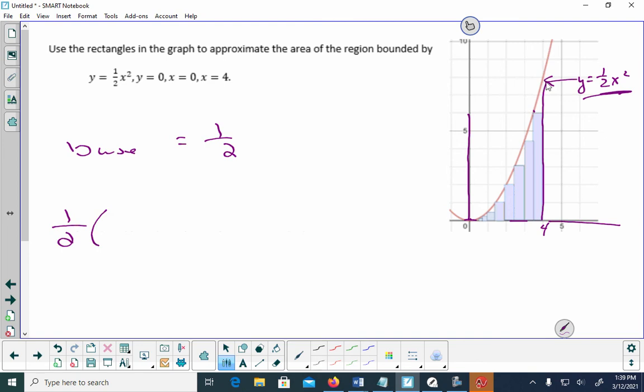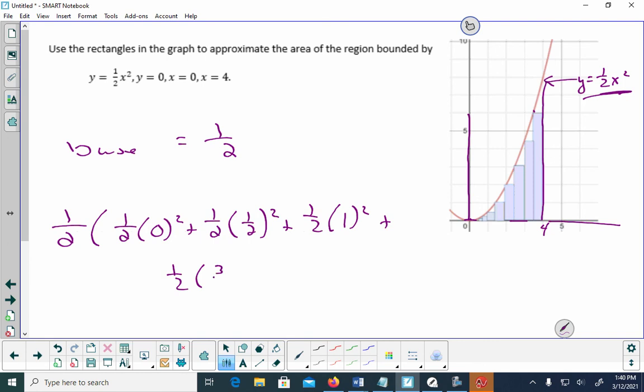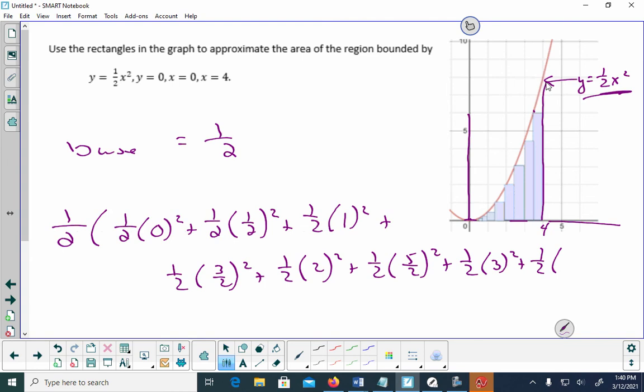And then I'm going to do 1/2 times 0 squared plus 1/2 times 1/2 squared plus 1/2 times 1 squared plus, looping down here, 1/2 times 3/2 squared plus 1/2 times 2 squared plus 1/2 times 5/2 squared, that's 2.5, plus 1/2 times 3 squared plus 1/2 times 3.5, which is 7/2 squared.